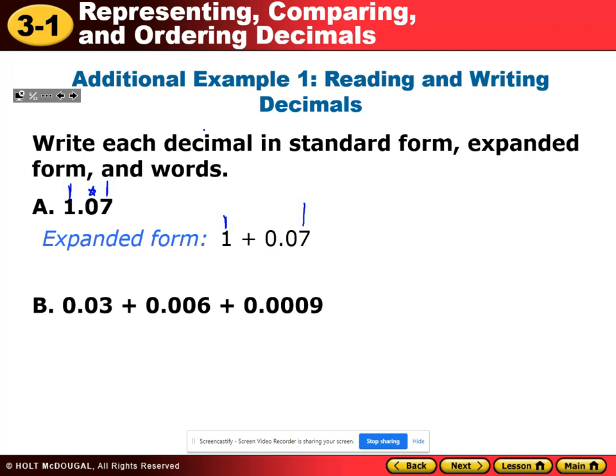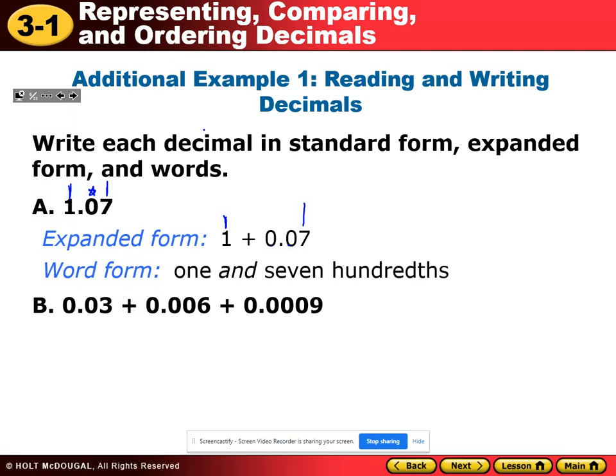That's important. These zeros for everything but that place value. All right. Then we have in words, it's pretty much what you say when you say this. If you say it correctly, the number 1 and 7 hundredths. Notice the and is that decimal.